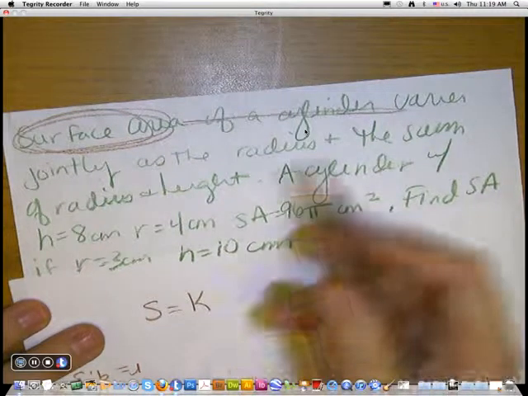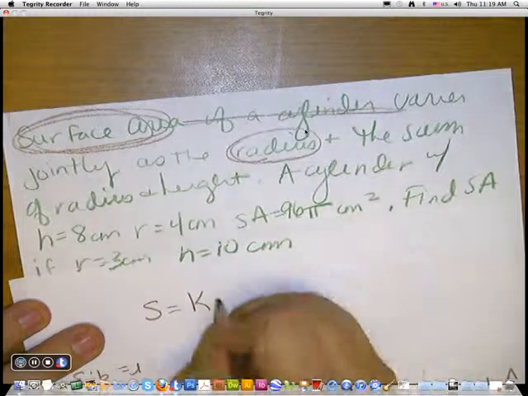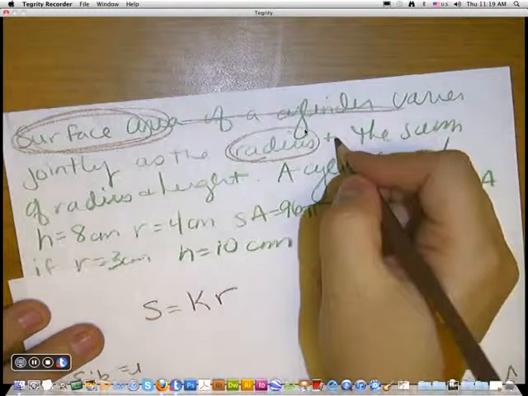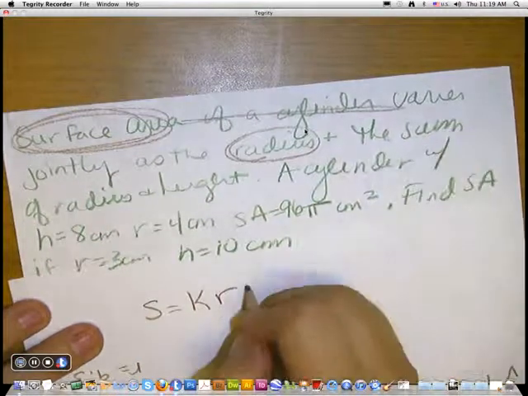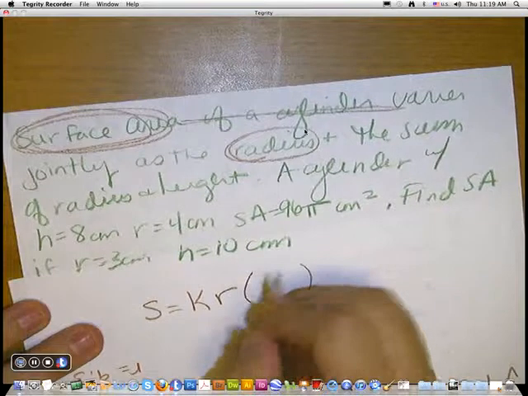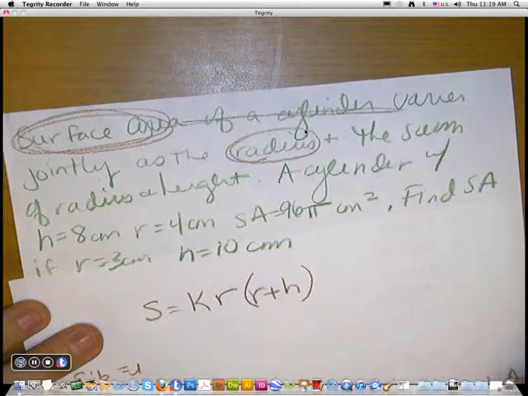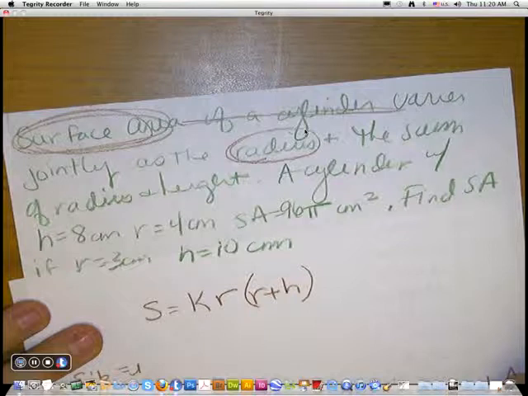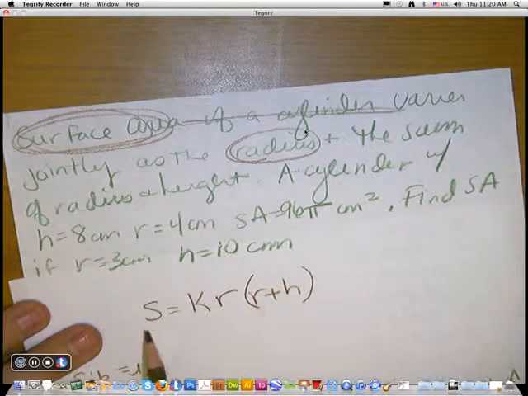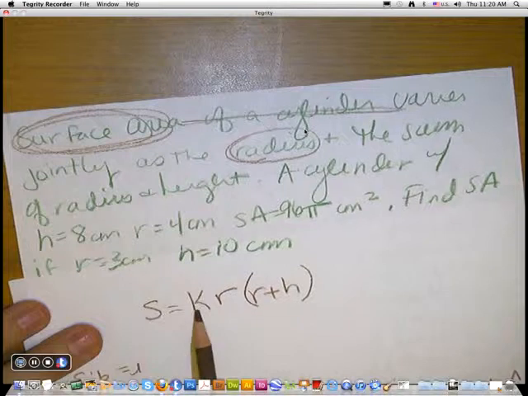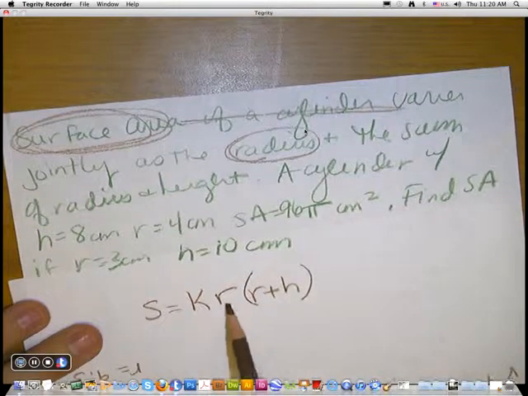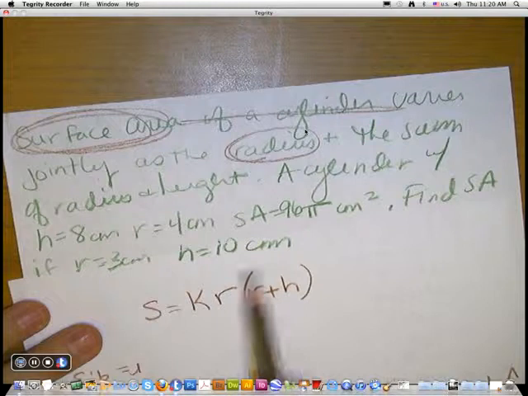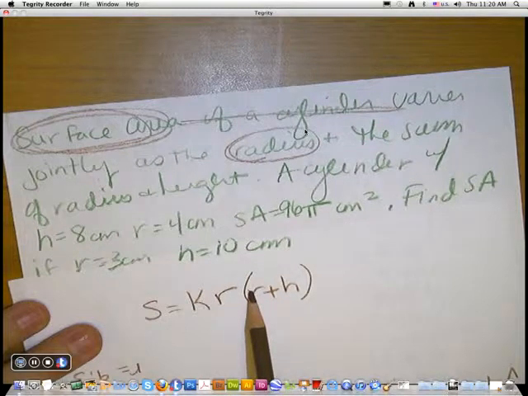The 2 pieces are radius and the sum, so sum means 2 things, radius and height. Again, go back over that. The surface area varies jointly as radius and the sum of radius and height.